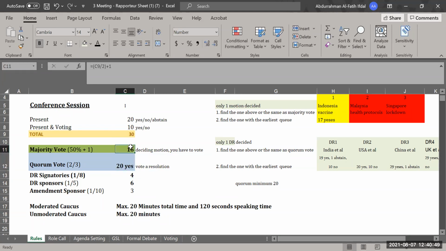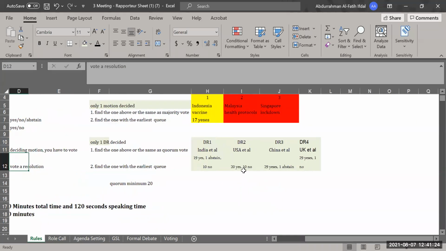Since some countries can choose to abstain, the quorum only indicates 20 yeses. So if India gets 19 yeses and one abstain, it does not fulfill the 20 yes requirement. Automatically DR1 does not pass.